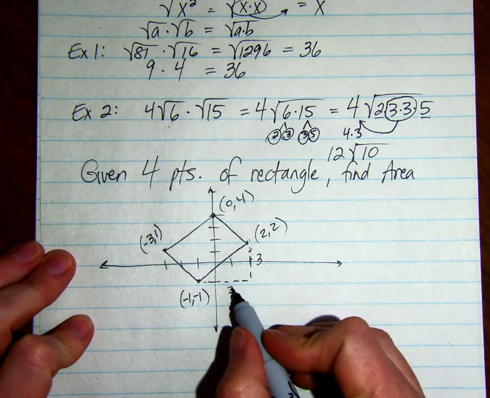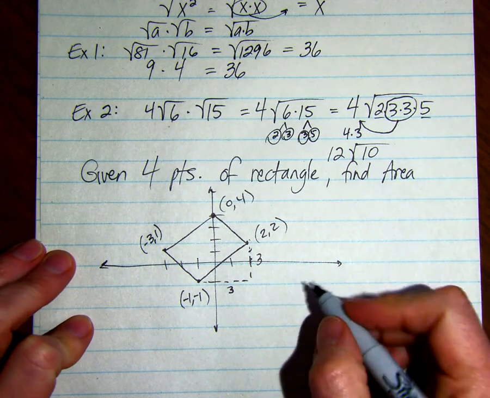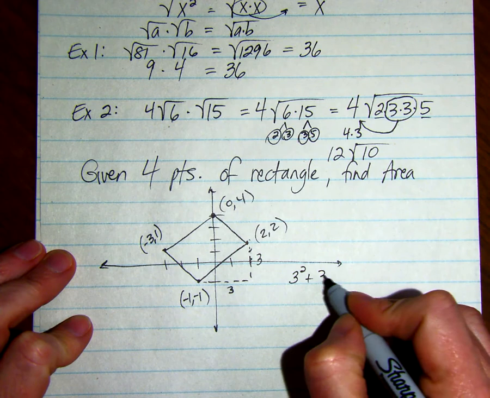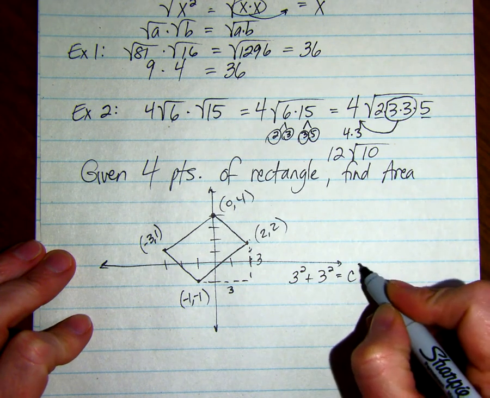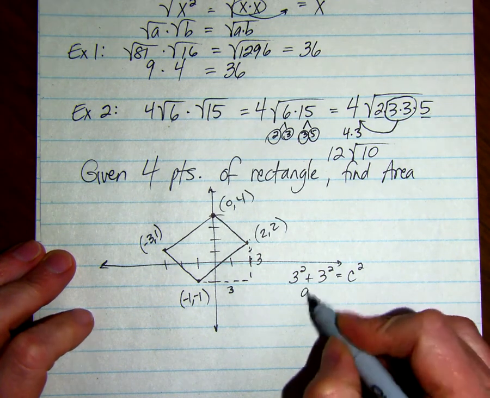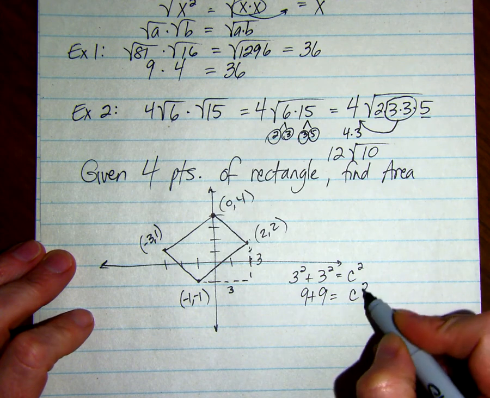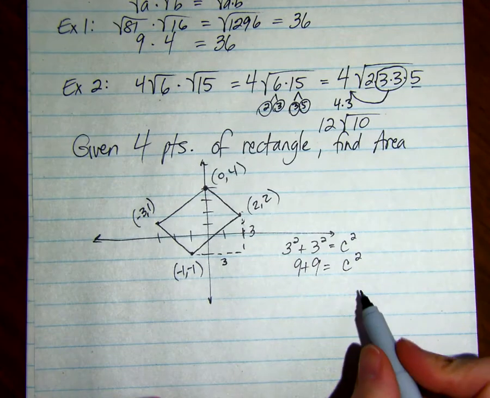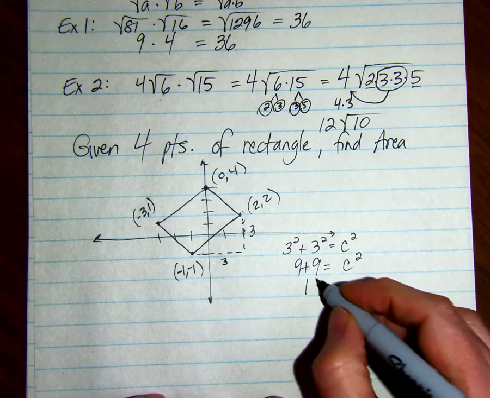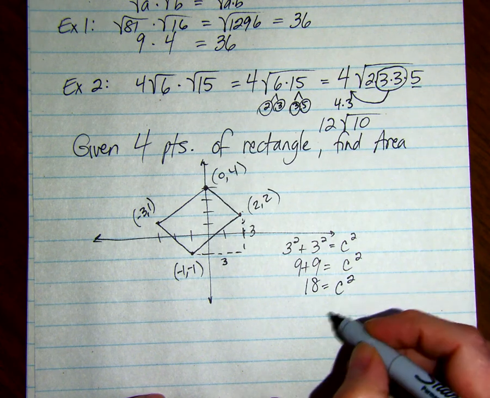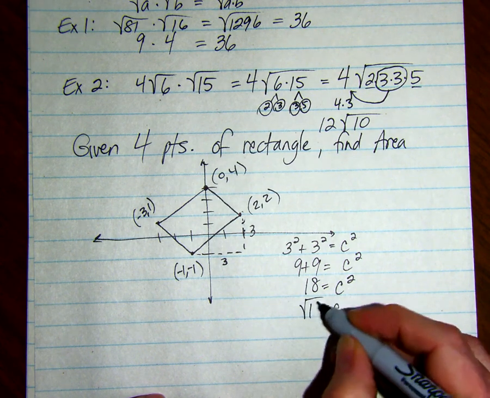So if we did a squared plus b squared equals c squared, we would have 3 squared plus 3 squared equals c squared. 9 plus 9, c squared. So c squared is 18, and if we want c, we take the square root of 18.